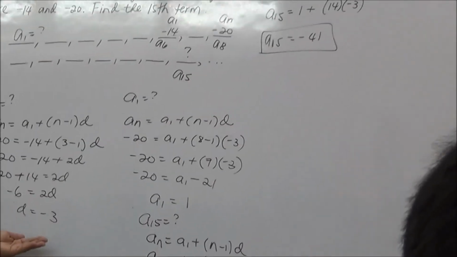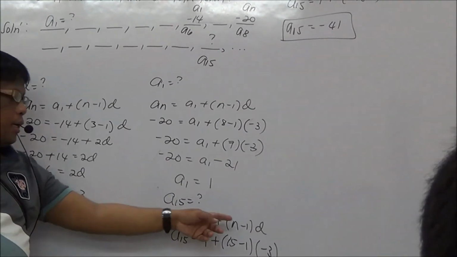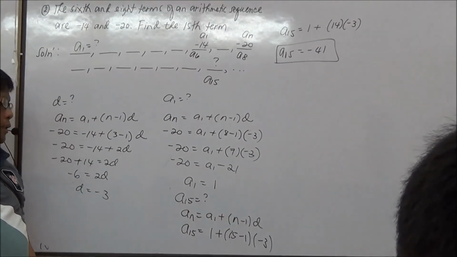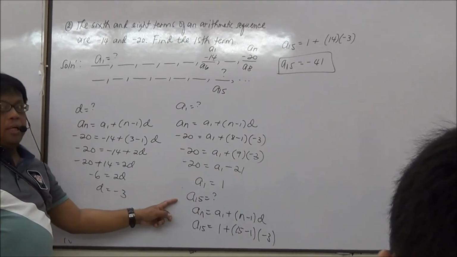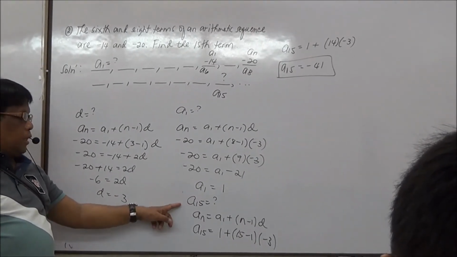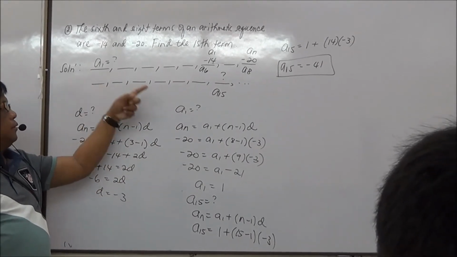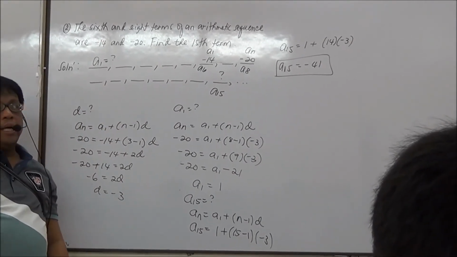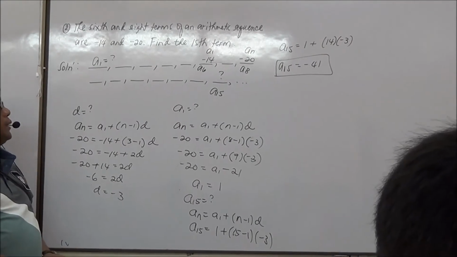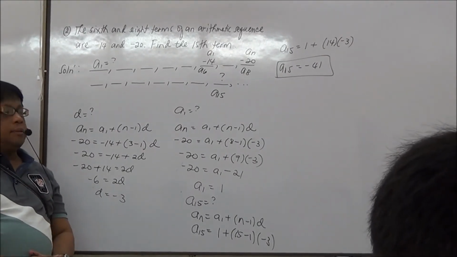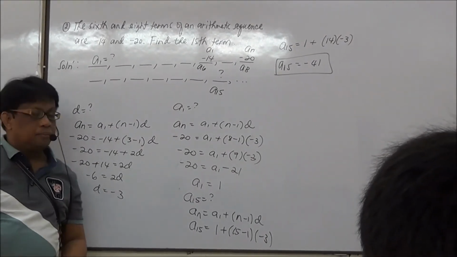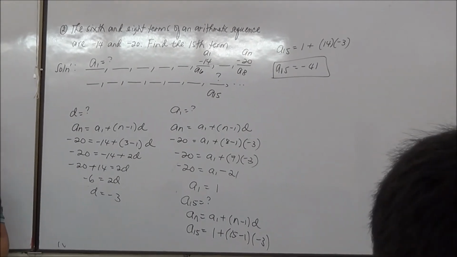So since we have already found values for a1 and common difference d, for n now, this is 15, because we are to find the 15th term of this sequence given negative 14 and negative 20 as its 6th and 8th terms respectively. Okay? Do you have any questions?